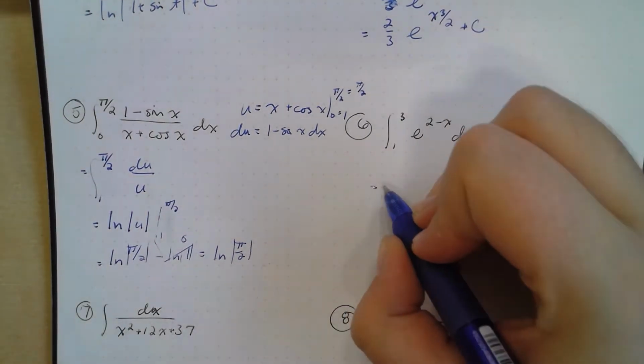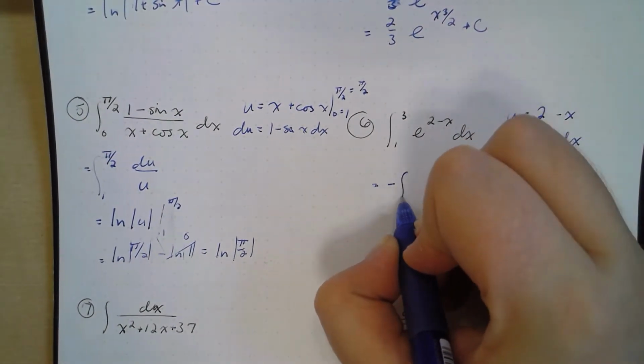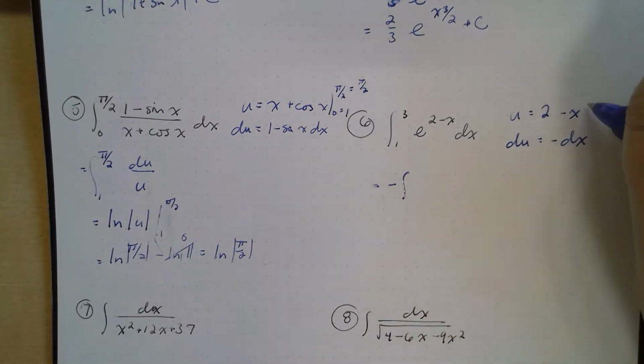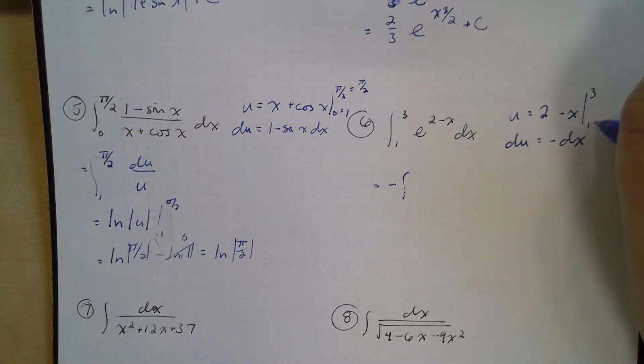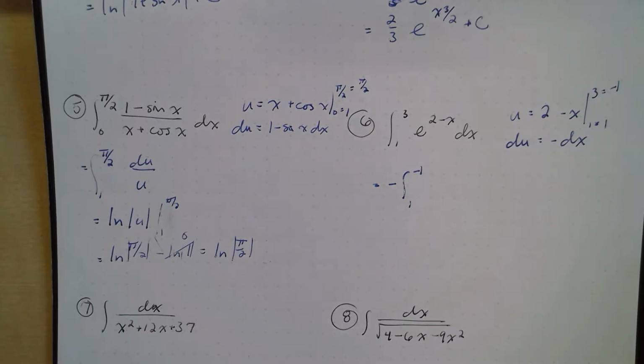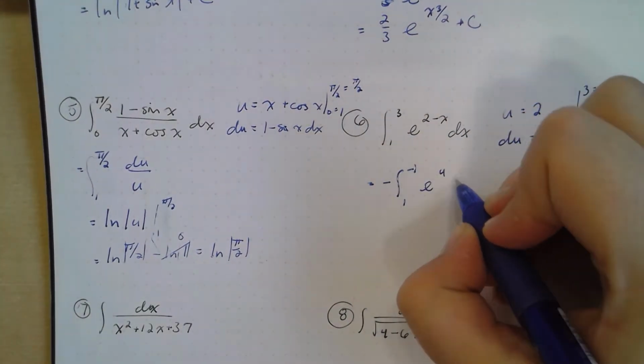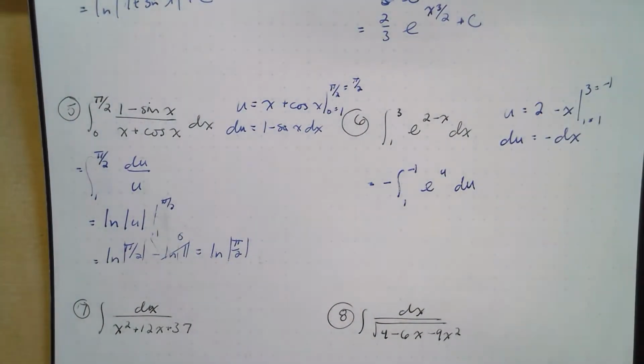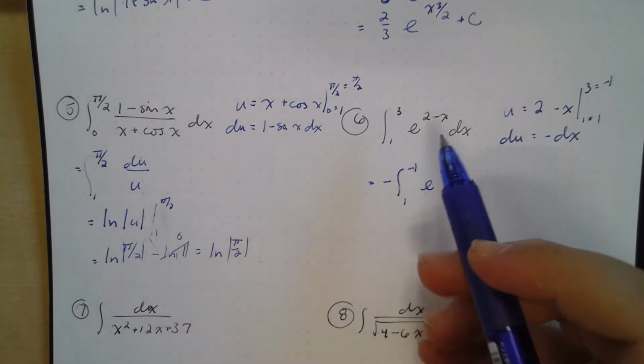So this is going to be equal to the negative integral of, and we're actually going to change our limits here too. If we have 1, 2 minus 1 becomes 1. 2 minus 3 is negative 1. So we're going from 1 to negative 1, kind of interesting there, of e to the u du, right? So that negative sign came out here.